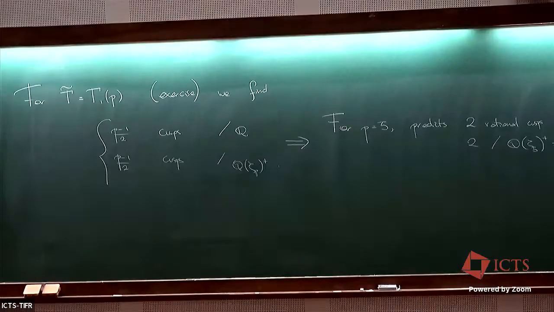So the first thing I have to tell you is the theorem of Manin and Drinfeld. And the theorem of Manin and Drinfeld answers precisely this question. At least it gives some information that we shouldn't hope too much. We shouldn't hope to get too much of the Mordell-Weil group out of these cusps.